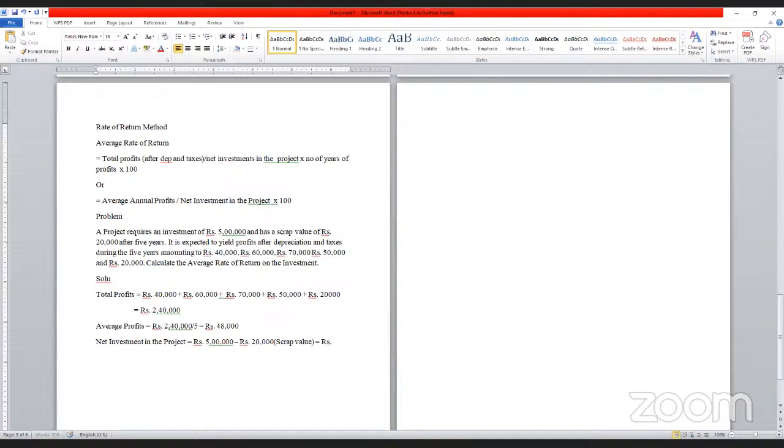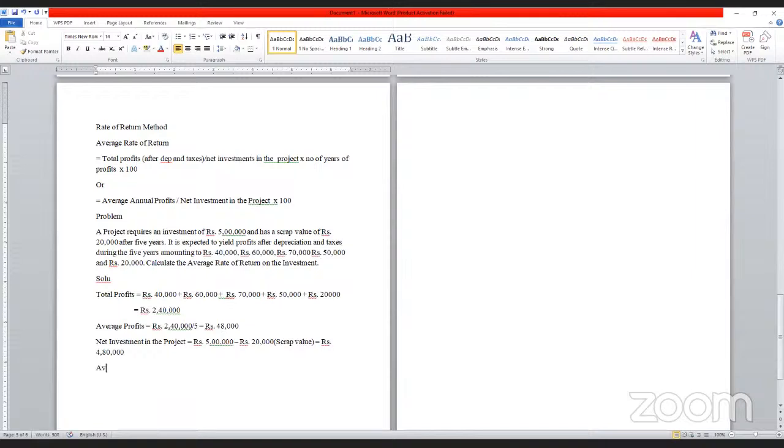So how much we'll get? That will be 4 lakhs 80,000. Okay. That is the net investment in the project. Now we have net investment value and average profits.